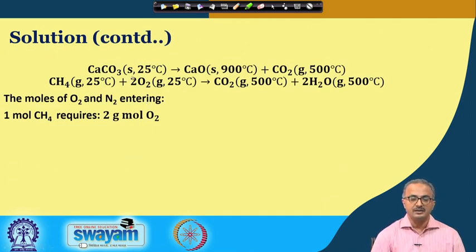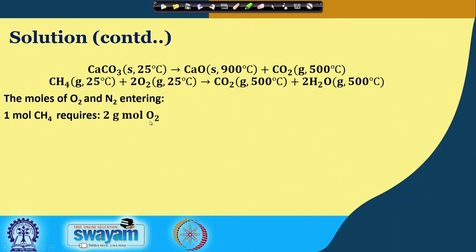And here you see that with this kind of balances, we have also put the number of moles of oxygen and nitrogen entering the system. So, 1 mole of methane requires 2 gram mole of oxygen, as you can find from this stoichiometric equation. And again we have been told that we are sending 50% excess air.